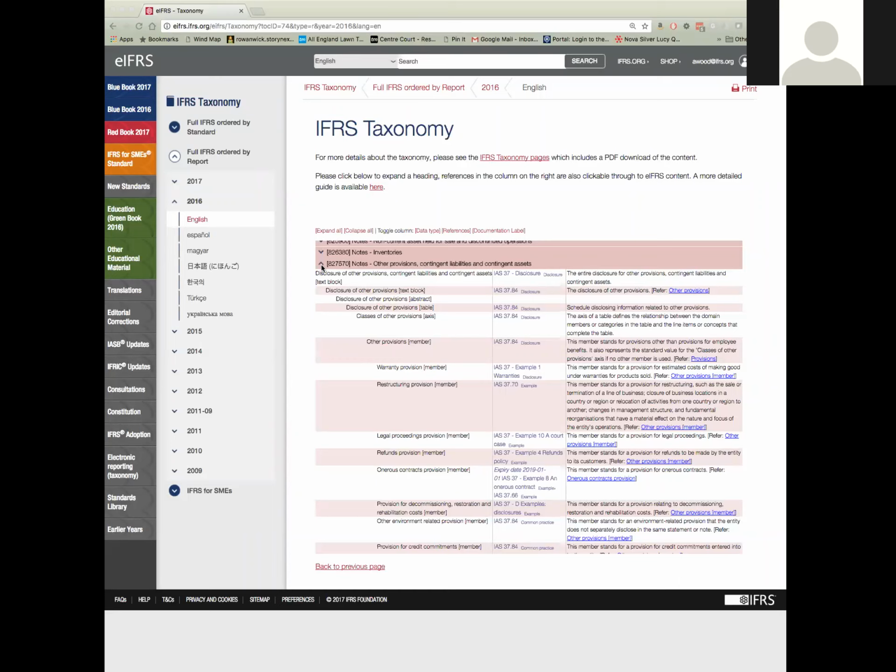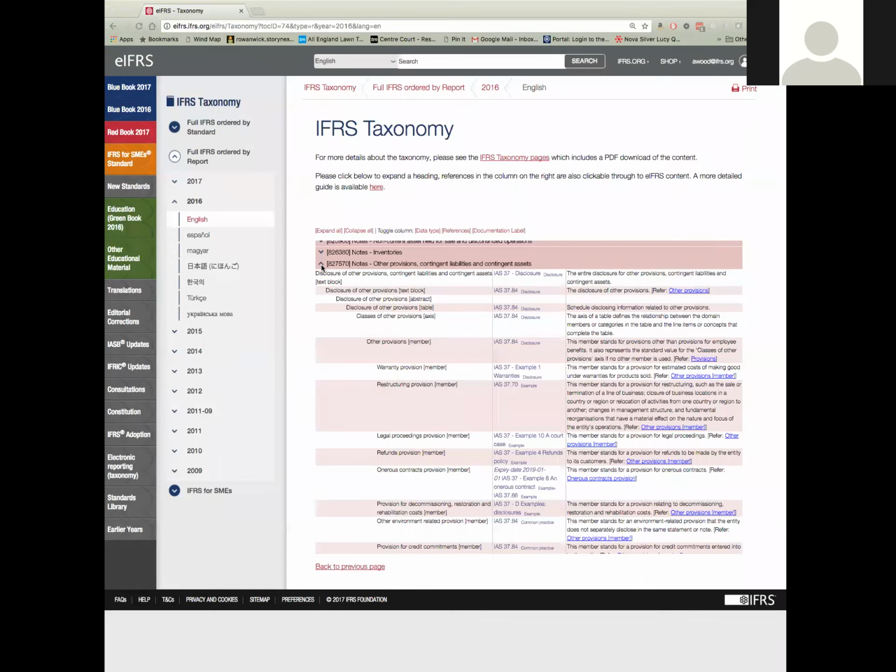If you are used to working with the US GAAP taxonomy, it may be that taking a concept that you are used to finding in that taxonomy, or a specific axis that you find in that taxonomy, and looking for it in the IFRS taxonomy does not necessarily produce the answer you're looking for. It's possible in some cases that we have used slightly different terminology. In other cases, it may be that there is a difference in the underlying accounting standards.